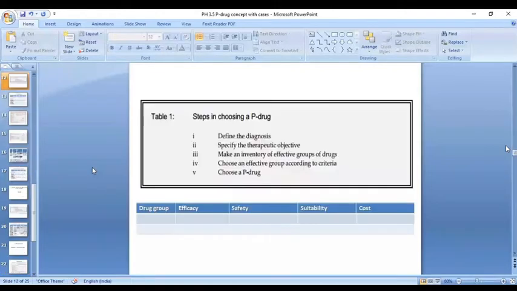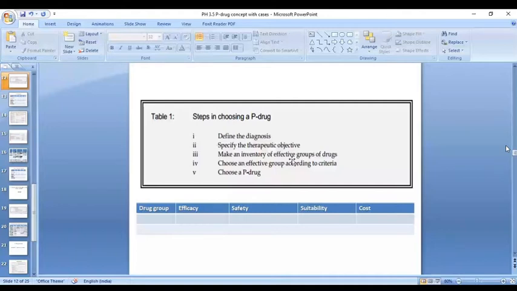Now, this is how we will be making an inventory of any P group per se. Whenever we are selecting, we have to define the diagnosis. We have to specify the therapeutic objective we want to achieve. Like in this case, we want to relieve the pain as soon as it begins, during the acute attack. Then we have to make an inventory of effective P groups.